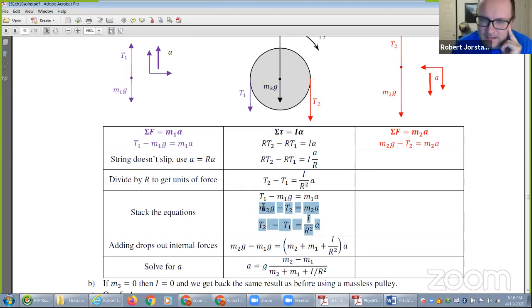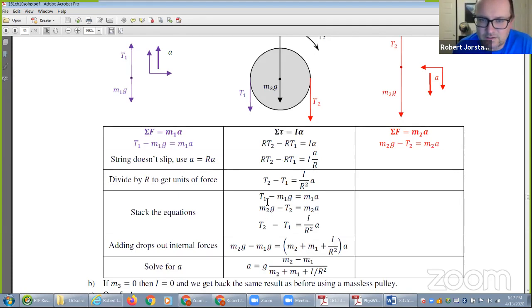This is the same stack and atom trick where if you remembered to divide by R and get units of force, this becomes a very fast problem. If not, it's going to suck for you on exam day. If you don't do this trick, it will suck for you either on test 2 or the final or both, okay? So one of these is coming at least once, if not twice, right?